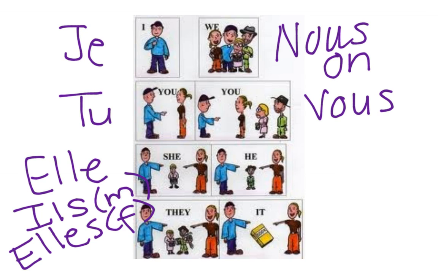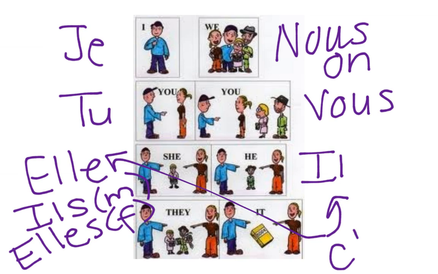And then you have he, which is il without an S. Notice that il with an S is they, il without an S is he, so that you add an S to make things plural, just like you do in English. And for it, you either are going to use il or you're going to use elle, because in French they just say he or she instead of saying it usually. Although you can use the word c'est, to mean it is, c'est.